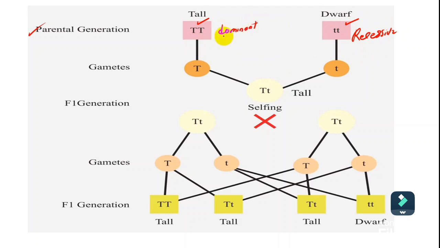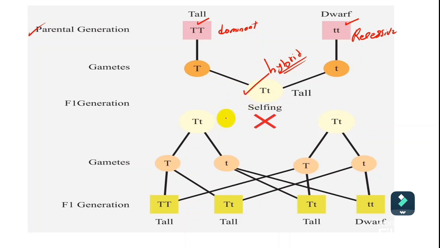Can you guess, my friend, what the first generation will be, dominant or recessive? Yes, all of them will be dominant traits. But if you focus here, it is not T capital, T capital, it's T capital, t small. So this one is called the hybrid. A hybrid trait is a trait that mixes a dominant allele and a recessive allele.